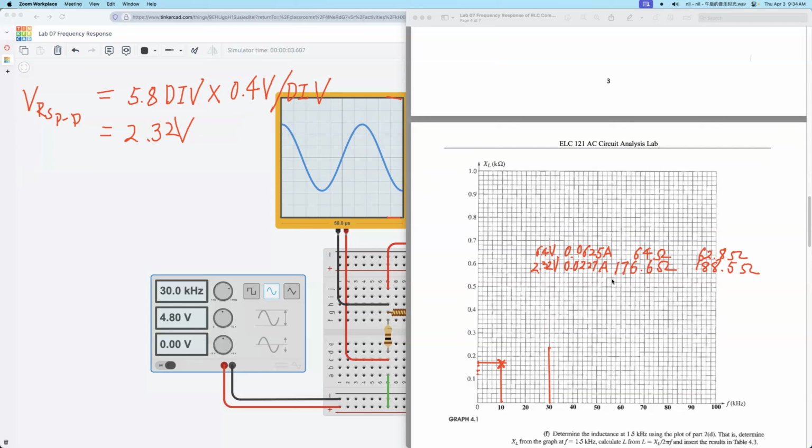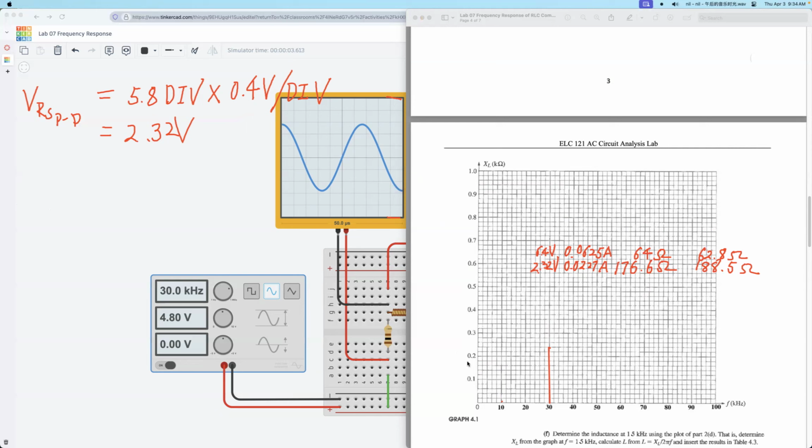Sorry, this number is for the 30 kilohertz. Okay, this is for the 30. This is for the 10 kilohertz. Okay, so let me redo this one. Erase first. Oh, actually, I can keep this.